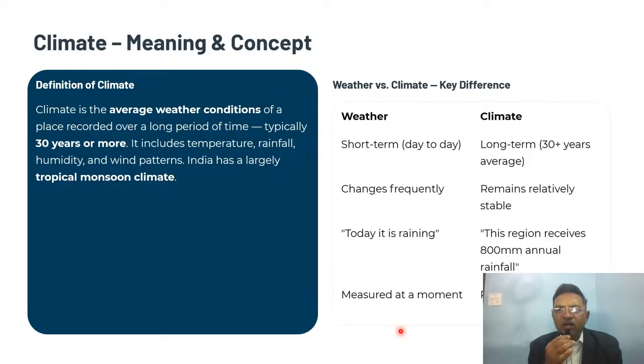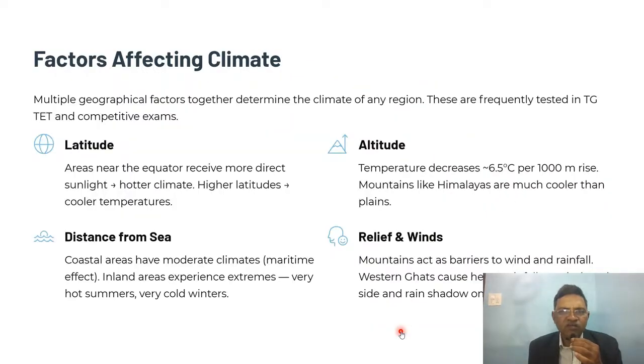Okay, here is the next slide, factors affecting climate. So what are the factors that affect the climate? There are multiple factors which determine the climate of any region. This topic may come frequently in the TET examination.